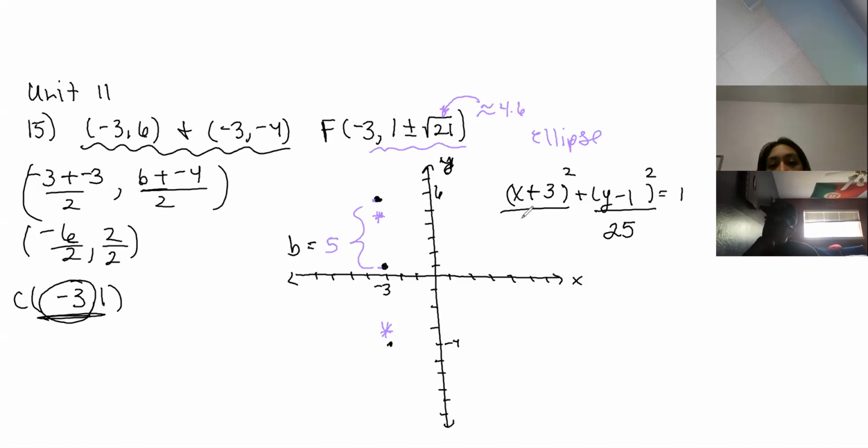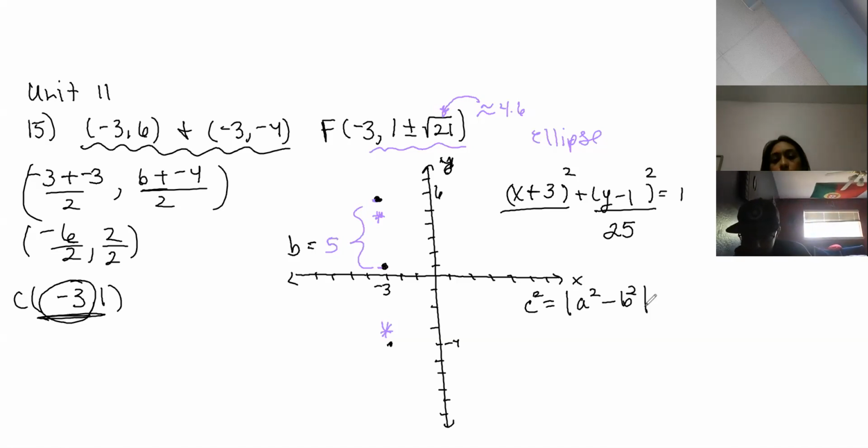I just want to throw it out and see if anybody has any thoughts. The most common way was using your focal length formula, which was c squared equals, since it's plus, the absolute value of a squared minus b squared. To get rid of the absolute value, we just did large minus small. Do you guys remember that?